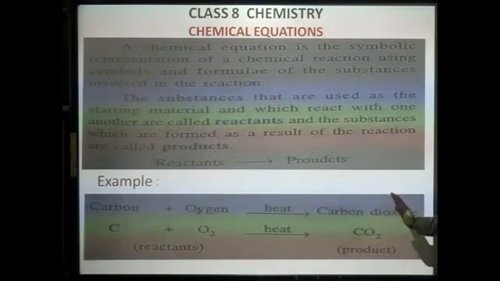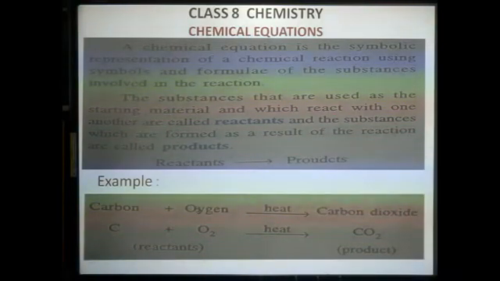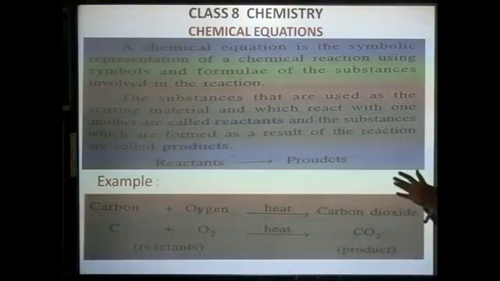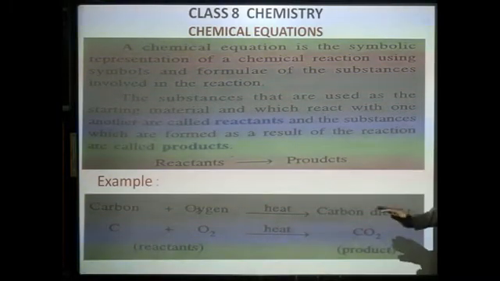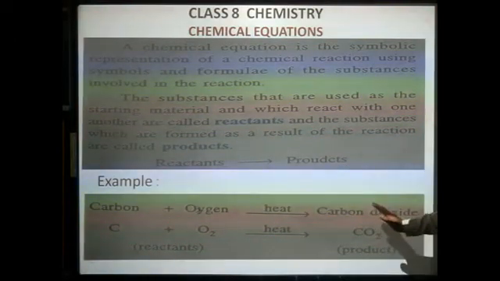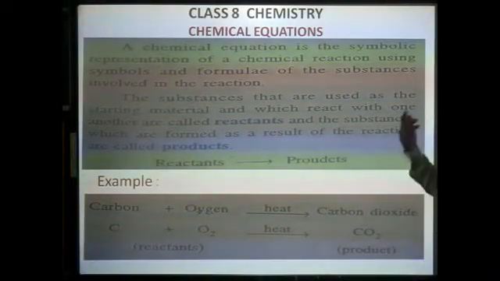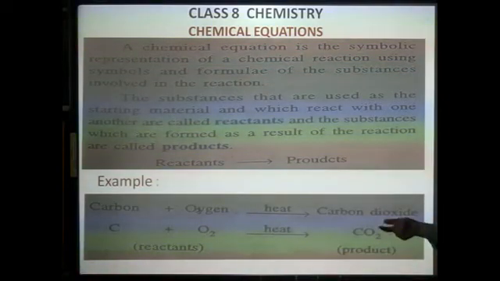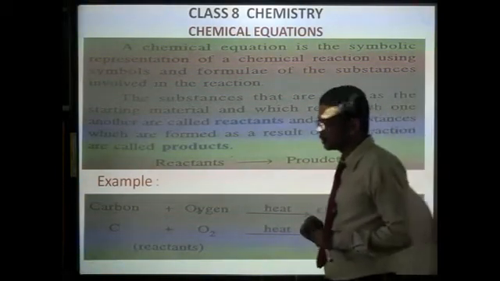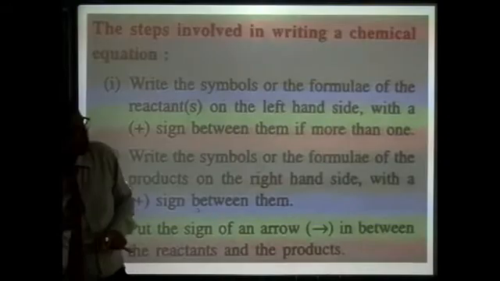And if there is more than one product, then we put plus in between the products. If one reactant, don't put plus. If one product, don't put plus. If there is more than one reactant, put plus. If there is more than one product, then also put plus. Otherwise, no need. So this is step number 2.